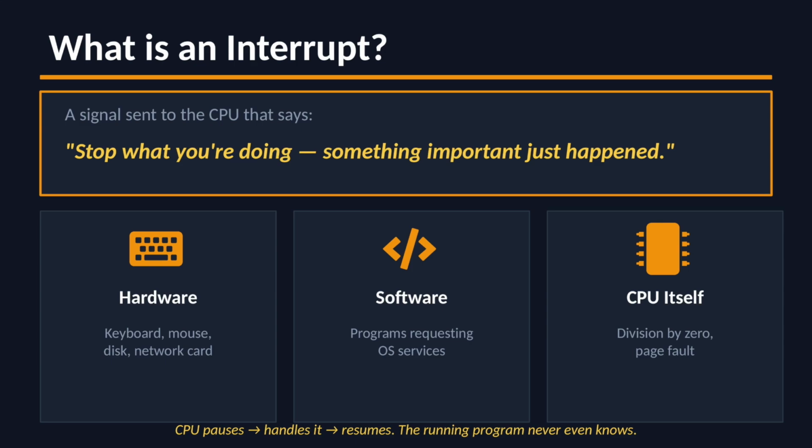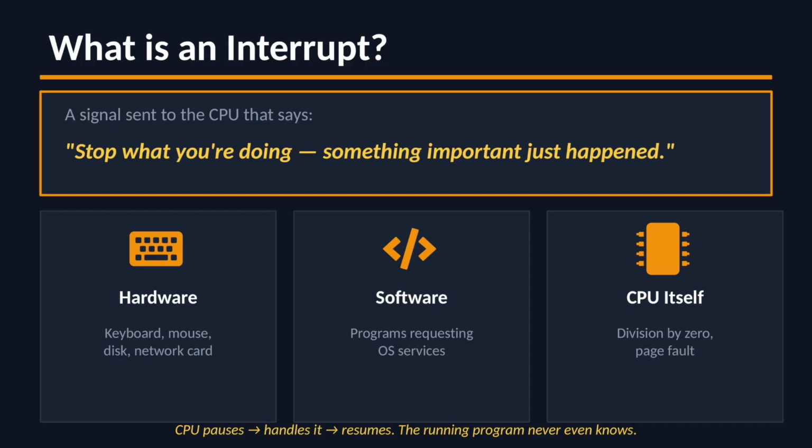This signal can come from three places: hardware, like a keyboard press, a mouse click, or a disk finishing a read; software, a running program explicitly requesting operating system services; or the CPU itself when it detects something like a division by zero or an invalid memory access.